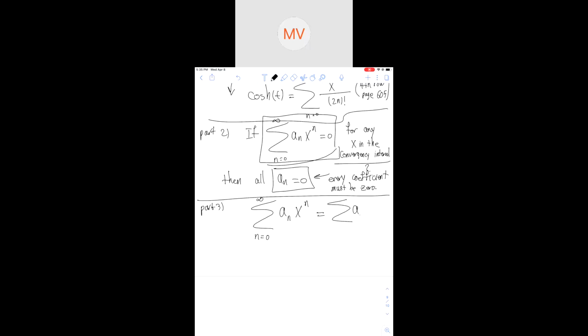I'm going to do something here, and you guys tell me if it's correct or not. In this series, as you can see, I changed the index of n to n minus 1, and I changed the power of n to n minus 1. And I also changed the counter. Here it starts from 0. That one starts from 1. My question is, are these two series the same?